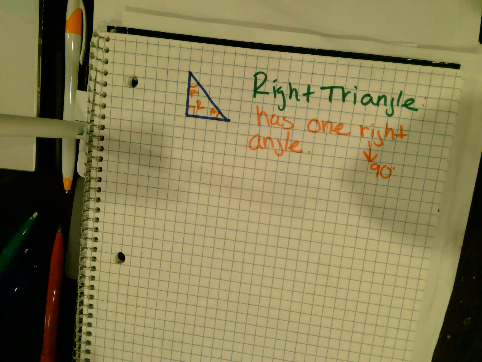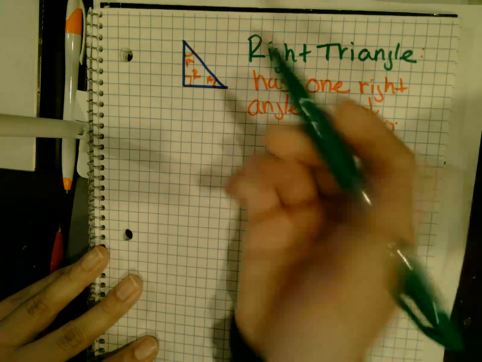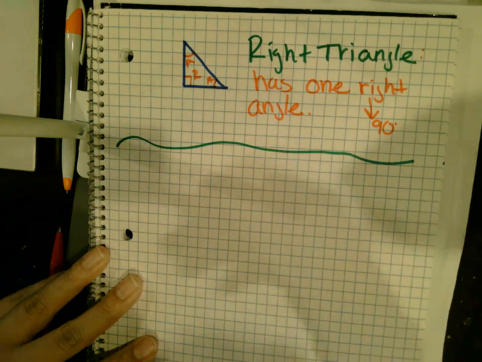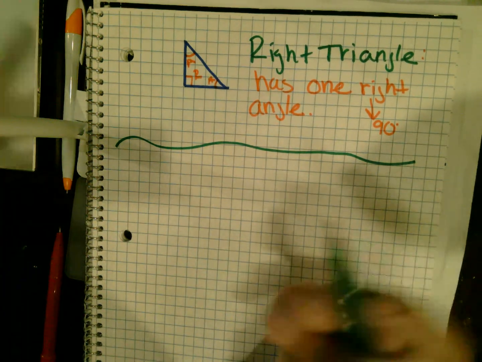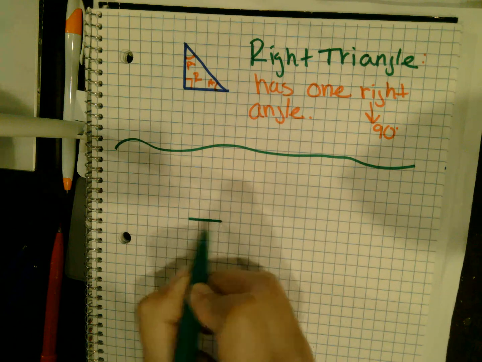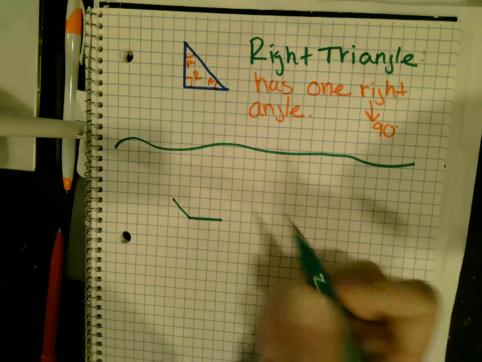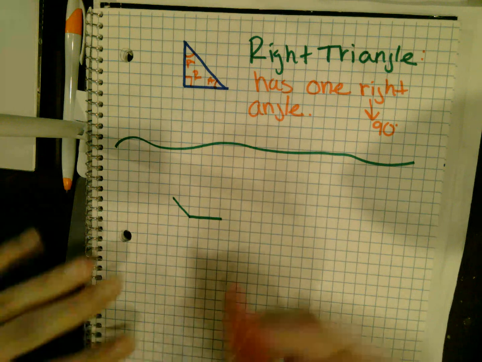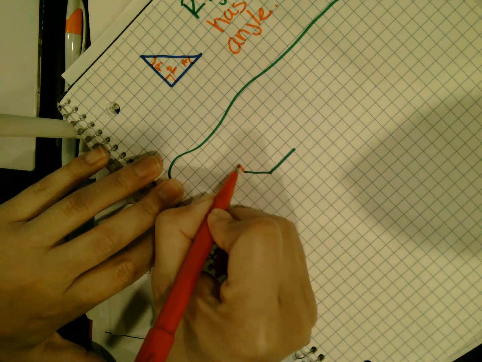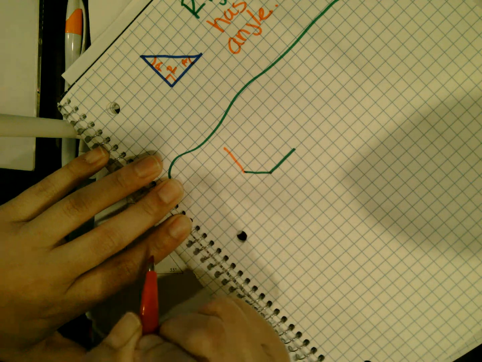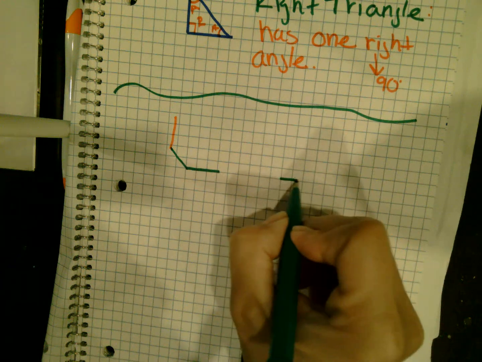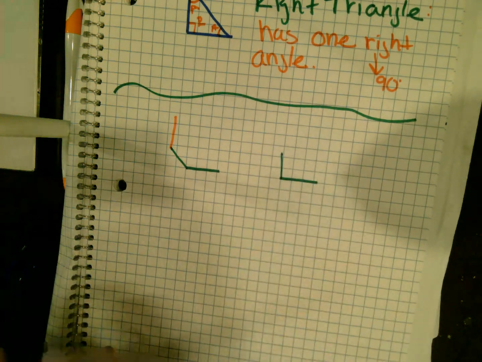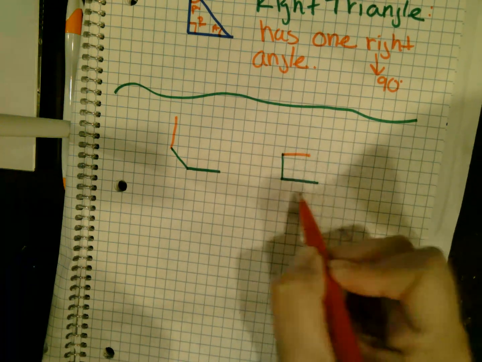If we were in class, I would ask you, can you have two obtuse angles in a triangle? So if I start off with an obtuse angle here, can I go off of this and draw another obtuse angle? Am I going to end up with a triangle? No, I'm not. Right? If I have one 90-degree angle, can I draw another 90-degree angle and make it into a triangle?